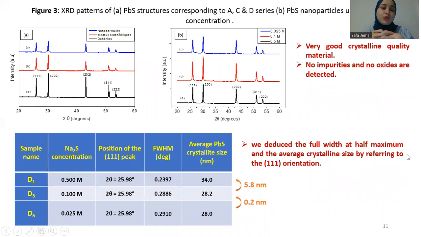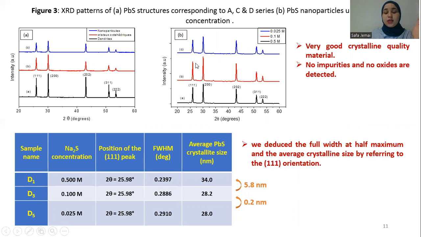So now we go through the XRD analysis. Figure 3a presents the XRD patterns of PbS structures corresponding to the A, C, and D series, and figure 3b compares the XRD spectra of quasi-spherical nanoparticles at different concentrations, going from 0.5 molar to 0.025 molar.